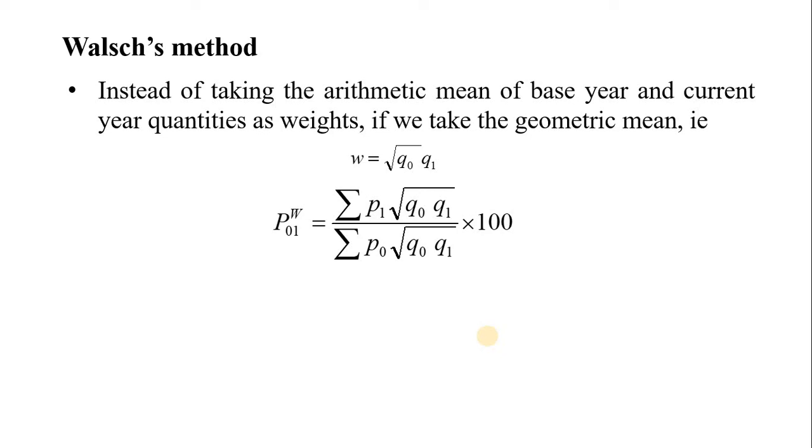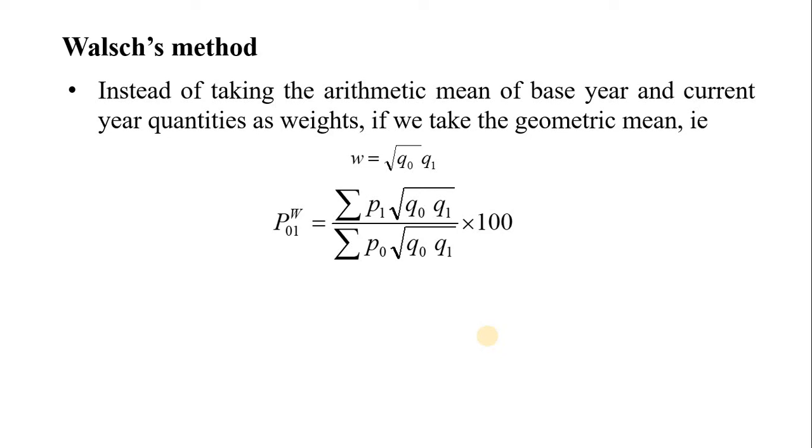Now the Walsh method. Marshall and Edgeworth considered the arithmetic mean of Q0 and Q1 as the weight, but Walsh considered the geometric mean of Q0 and Q1 as the weight. So instead of taking the arithmetic mean of the base year and current year, Walsh has taken the geometric mean of the base year and current year quantities as the weight.